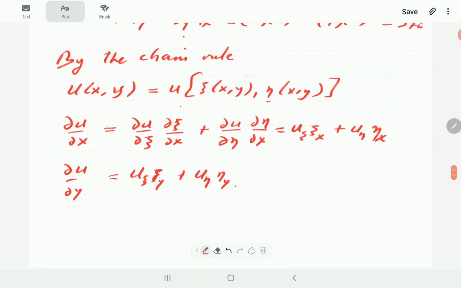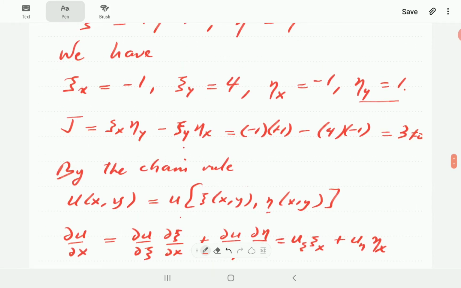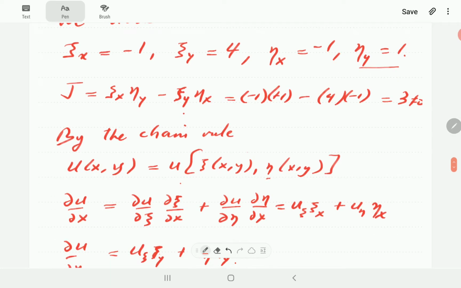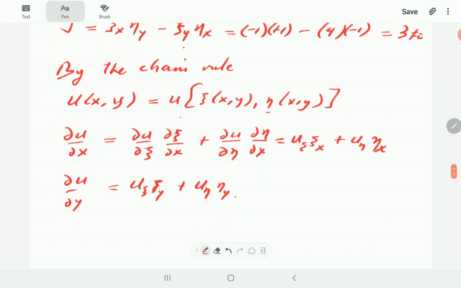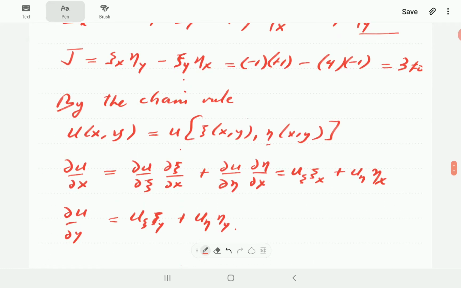Since we already have the partial derivatives of xi and eta, working on the first order derivatives of u should not be a problem.